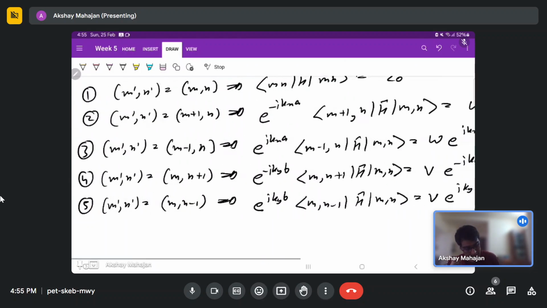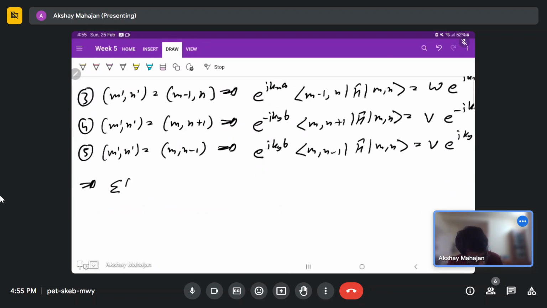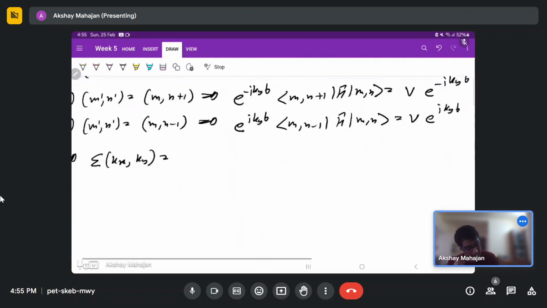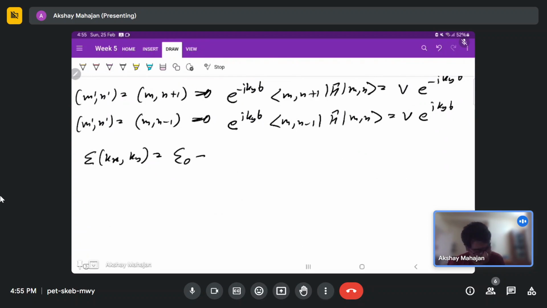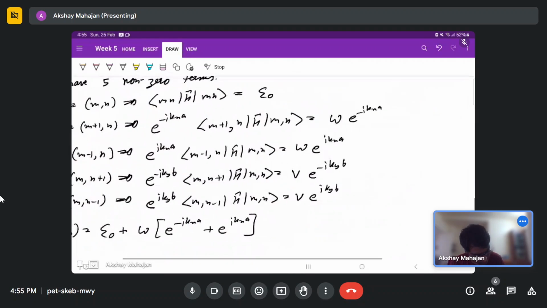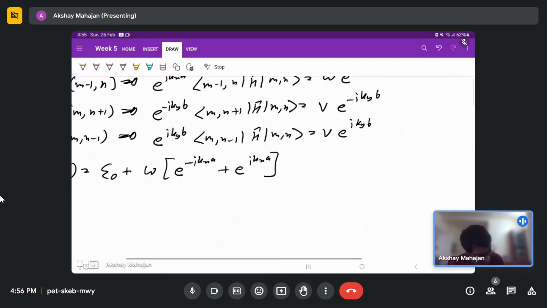So now our energy dispersion epsilon of kx ky will be equal to, all these 5 terms will be repeated n times, so n will just cancel out, but we will be left with epsilon naught plus w times e to the power minus iota kx a plus e to the power iota kx a. You just have to sum up all these 5 terms. Plus v times e to the power minus iota ky b plus e to the power iota ky b.